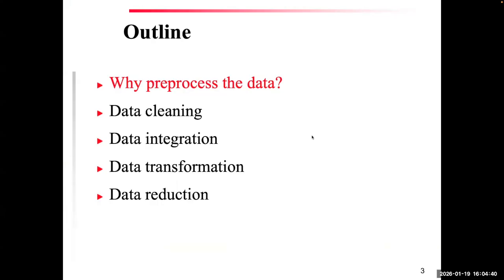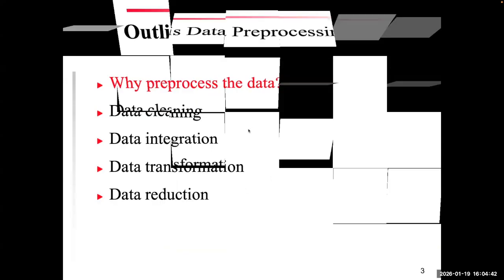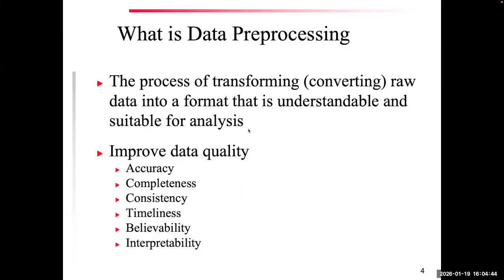So we talked about the definition of data preprocessing, and that is basically whatever you do to your raw data just to prepare it for the analysis. For example, let's say you collect data online, or you start from a publicly available data set.